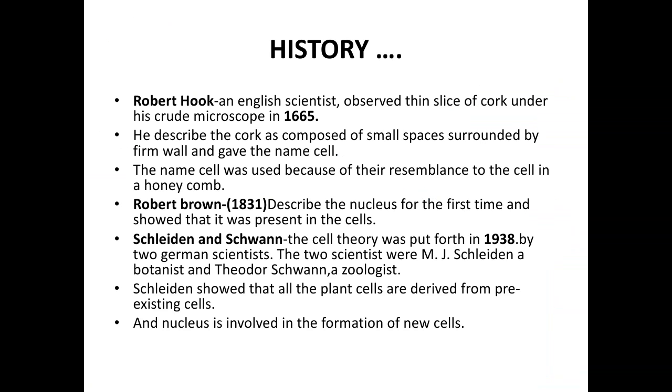Then the third, Schleiden and Schwann: the cell theory was put forth in 1838 by two German scientists, M.J. Schleiden, a botanist, and Theodor Schwann, a zoologist. Schleiden showed that all plant cells are derived from pre-existing cells, and the nucleus is involved in the formation of new cells.